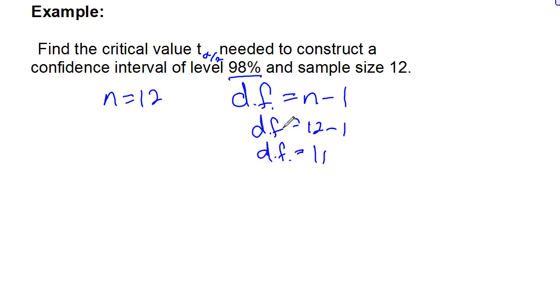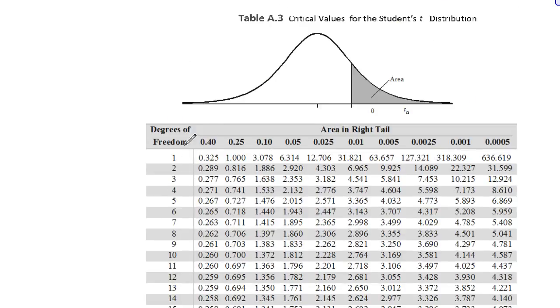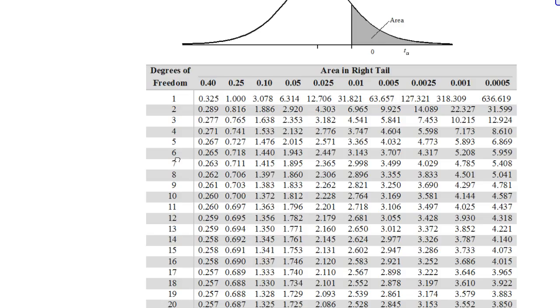And we're using the student's t-distribution, so I'm going to go to the t-distribution table and I'm going to look under the degrees of freedom. So I'm going to go to the degrees of freedom, which are 11, right here.